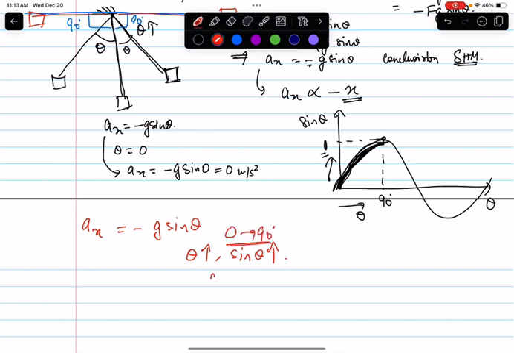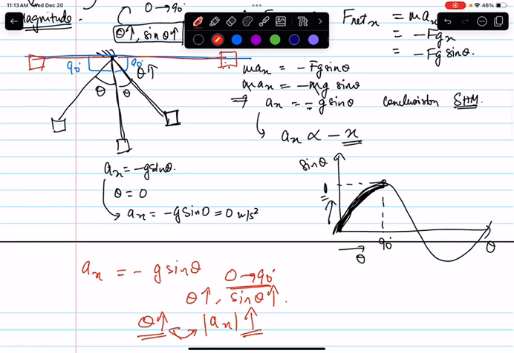And so therefore you can say that the magnitude of the acceleration also rises. Okay? As theta rises, the magnitude of the acceleration rises. So that's why we get this intuition that this acceleration in the x direction is also proportional to some form of theta.